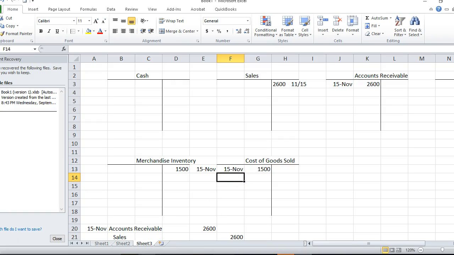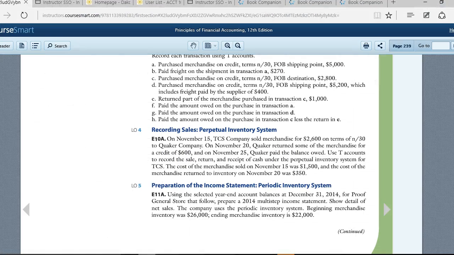The next one says, on November 20th, Quaker returned some of the merchandise for a credit of $600. And we know that the amount they bought that returned merchandise for was $600, but the cost of the merchandise returned to inventory was $350.